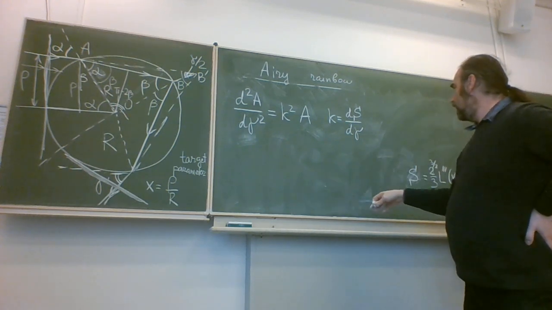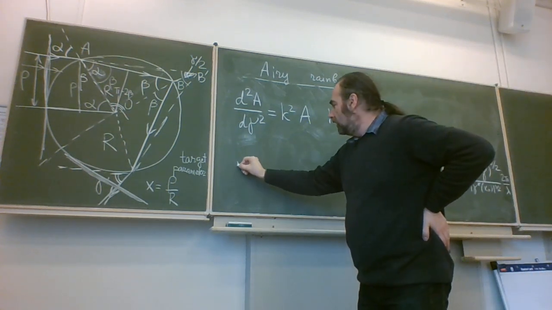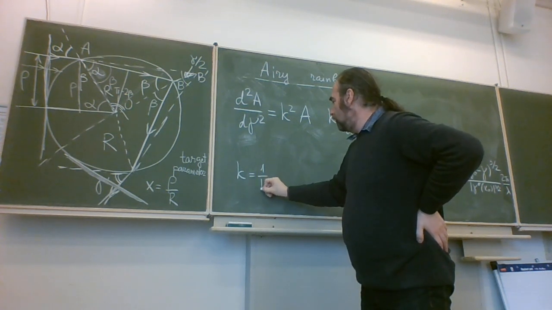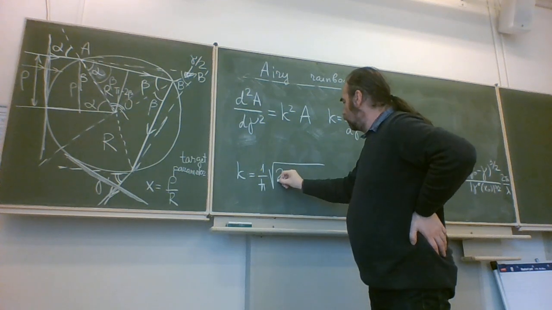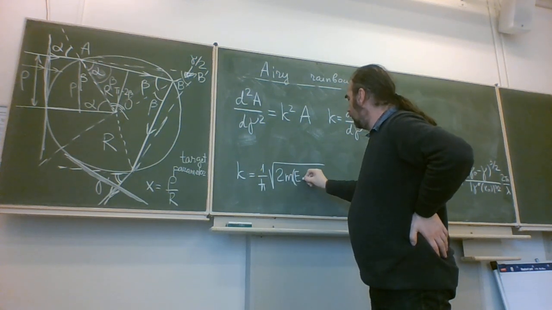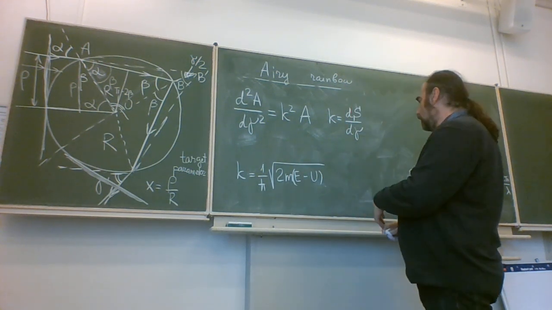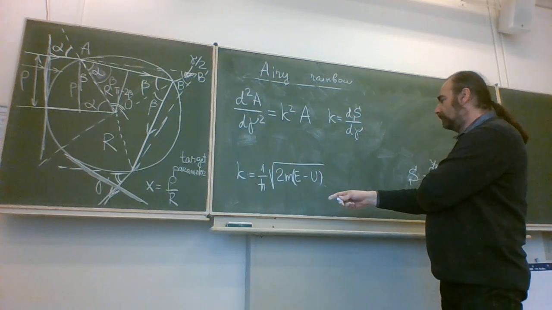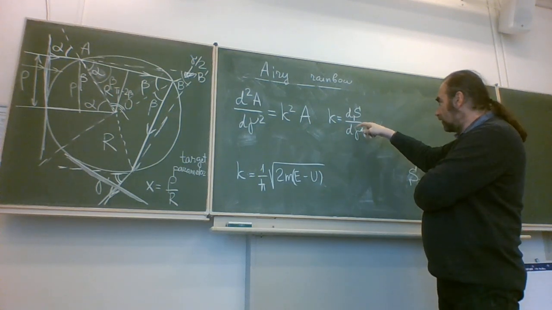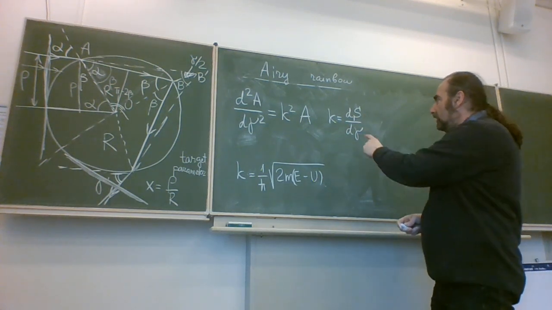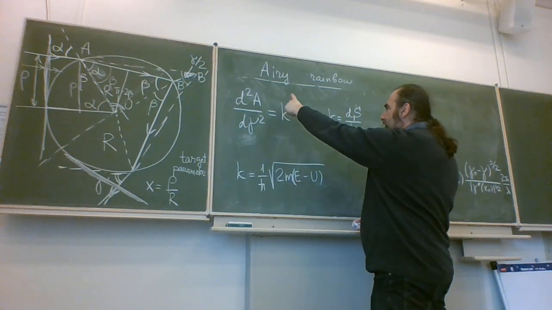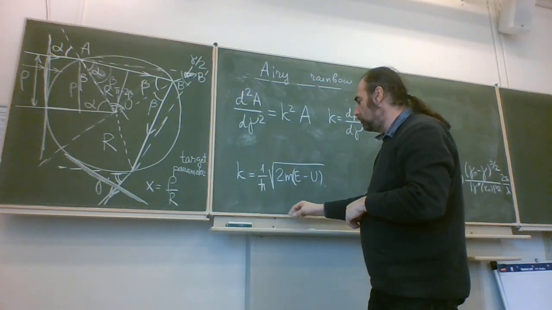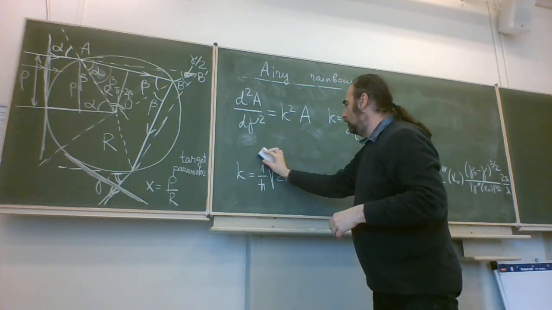We have k, which was 1 over h bar times the square root of 2m times E minus U, and you will see that this is actually the derivative of action over x. And then if you plug it in, your Schrödinger equation exactly has this form with energy, potential energy and kinetic energy.